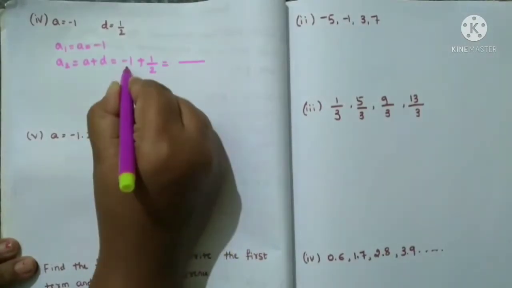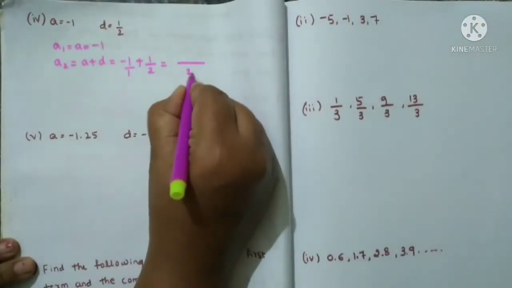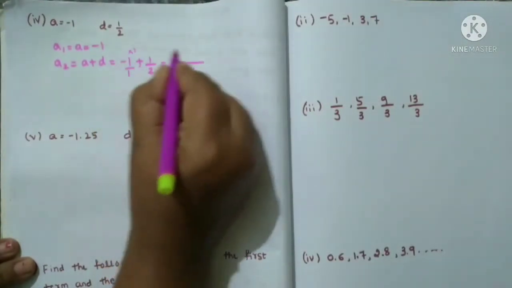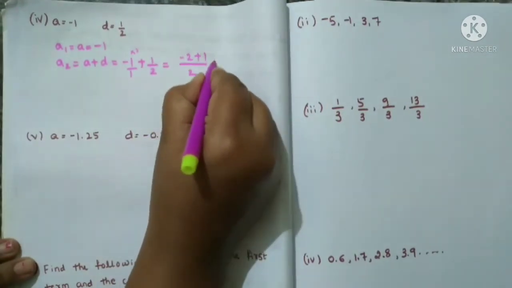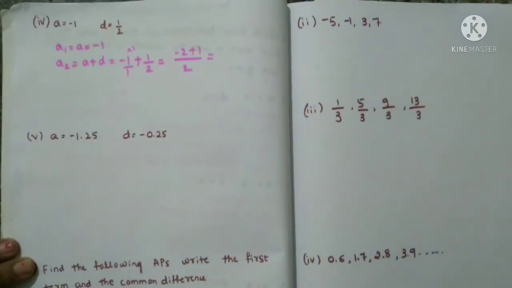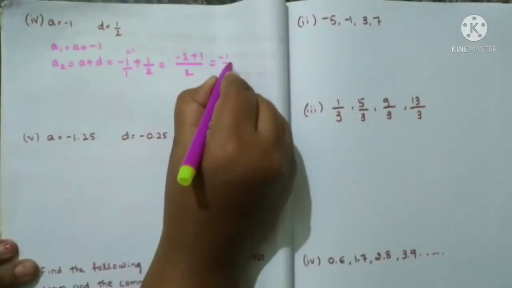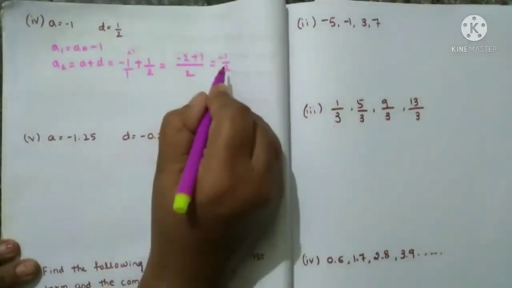Nothing is there means 1 will be. So what is the LCM of 1 into 2? Here I should multiply 2, minus 1 into 2 is minus 2 plus 1. So minus 2 plus 1. 1 is minus, 1 is plus means you have to subtract it. So minus 1 by 2. Okay, like this fraction is there means you have to take LCM and subtract it. Okay, this is A2 we got it.